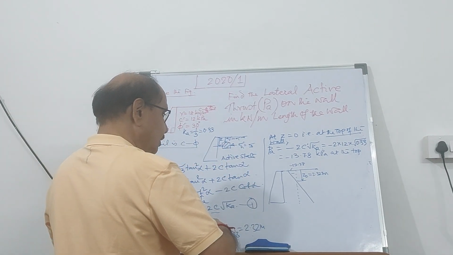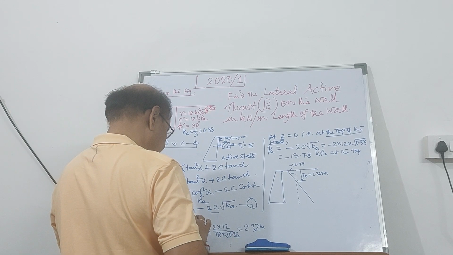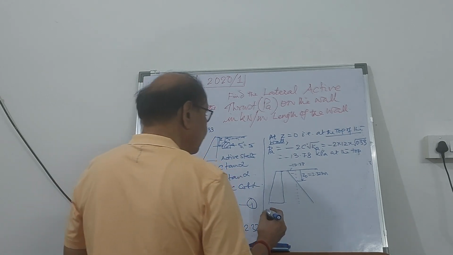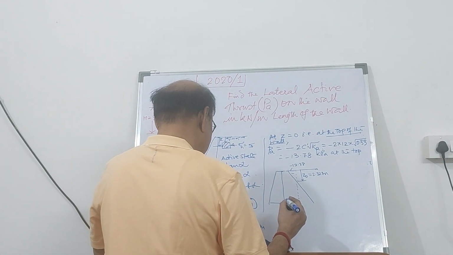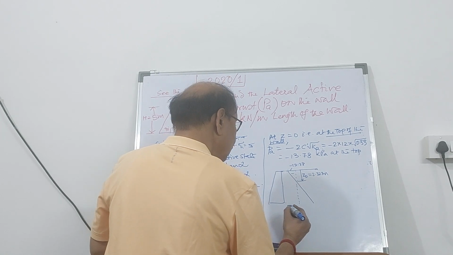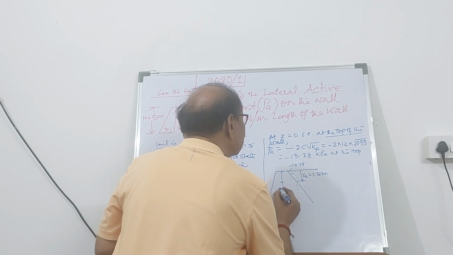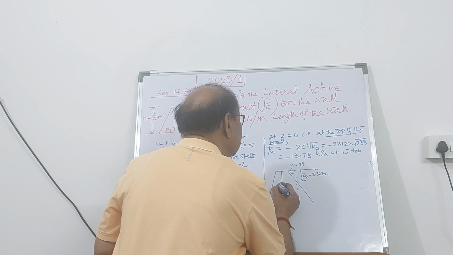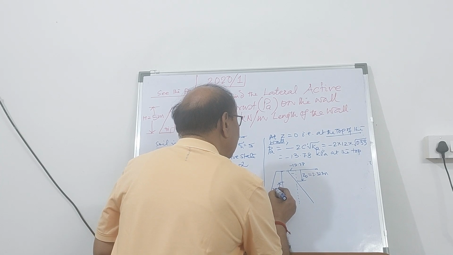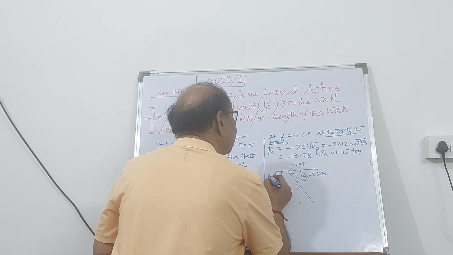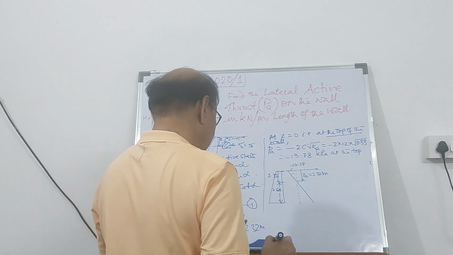So remaining depth you can calculate it, 5 minus 2.32, that is 2.68 meter. So this is Z0, 2.32, and this one is 2.68. So total it becomes 5 meter.